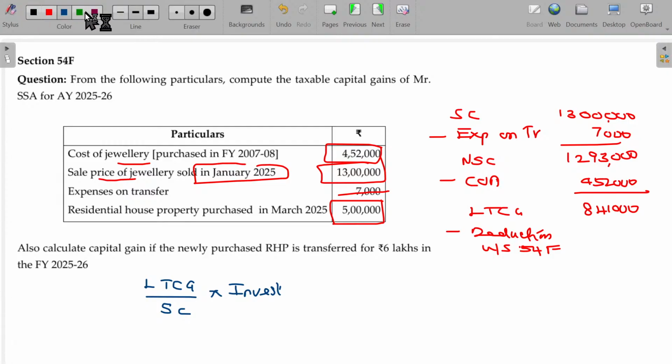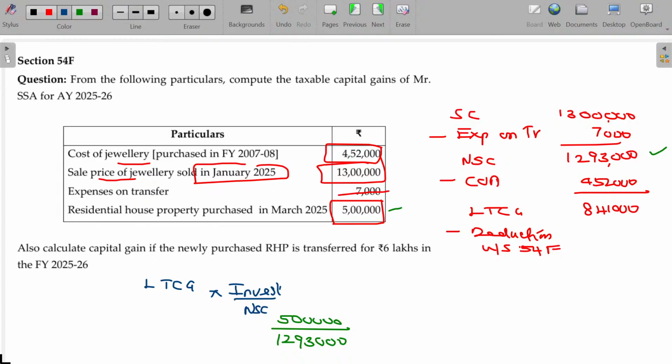What is the full sale consideration? It is nothing but net sale consideration. Net sale consideration being 12,93,000. Out of 12,93,000, how much did you invest? You invested only 5 lakhs. You can actually write this way also. This is how the formula is given.